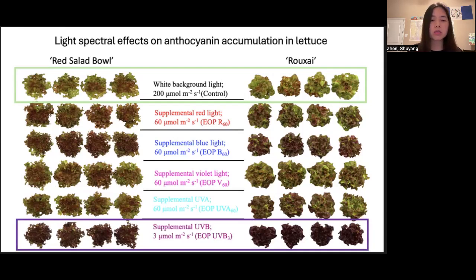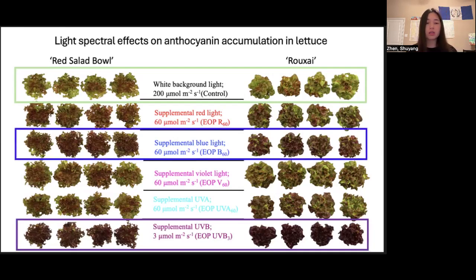Among supplemental red, blue, violet, and UV-A, blue light tended to be most effective at enhancing anthocyanin in both cultivars.